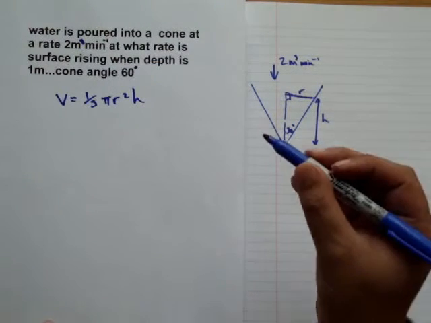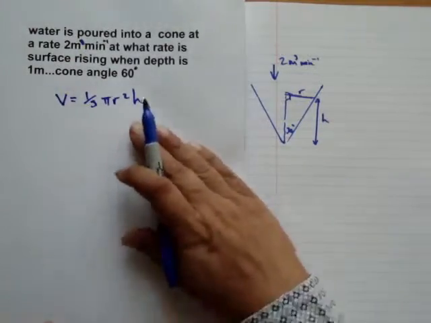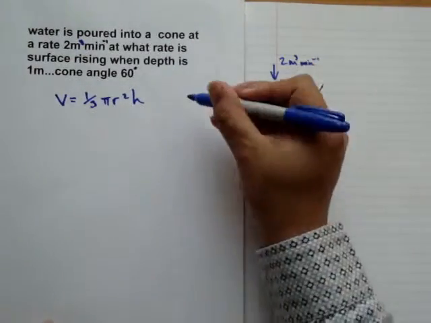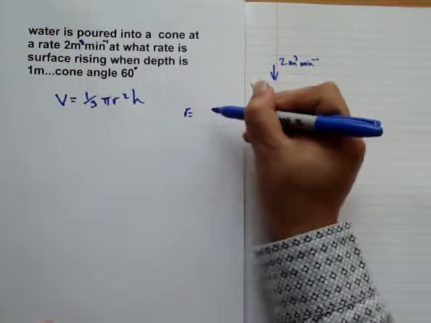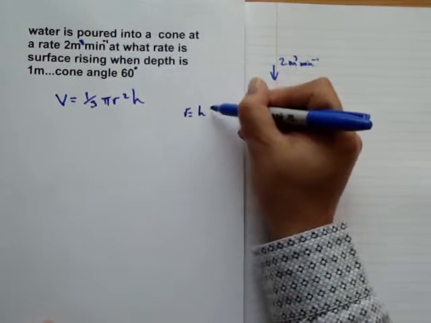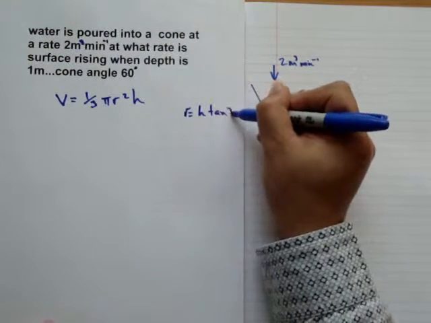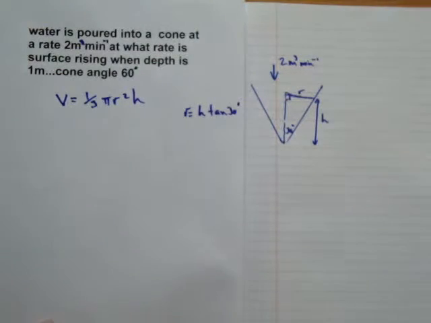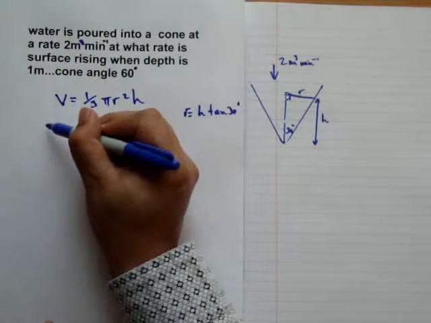Using our trig knowledge, we get r equals h tan 30 degrees. So now we put this into the equation.